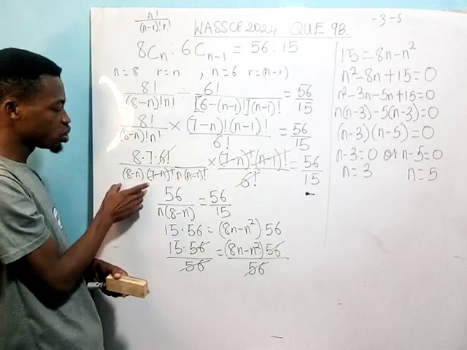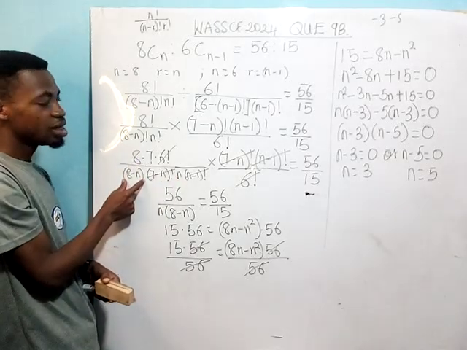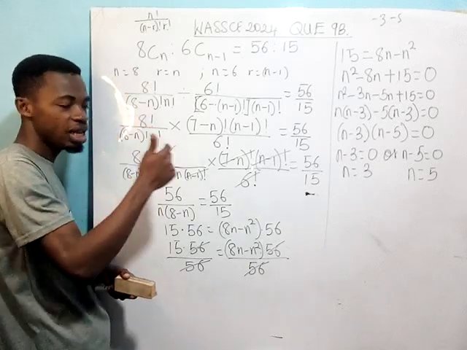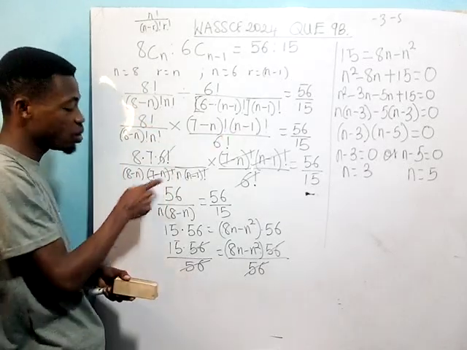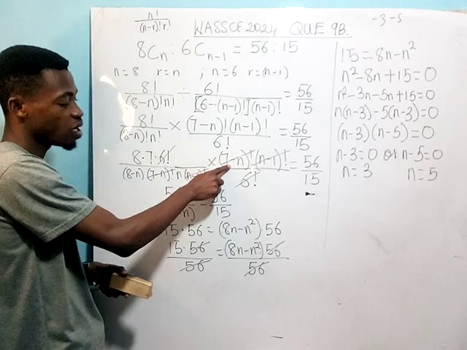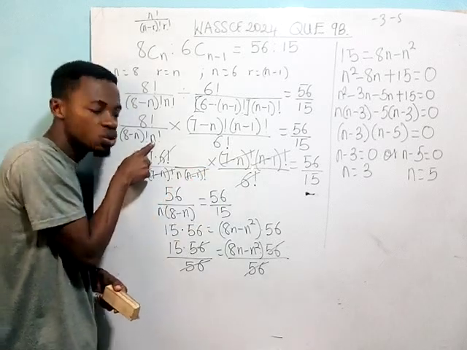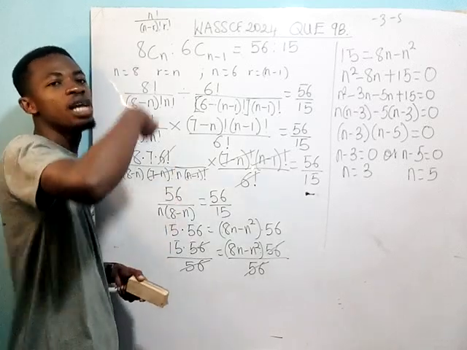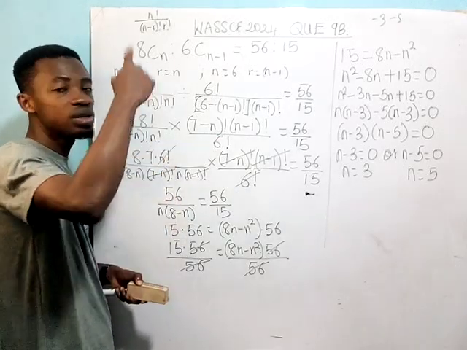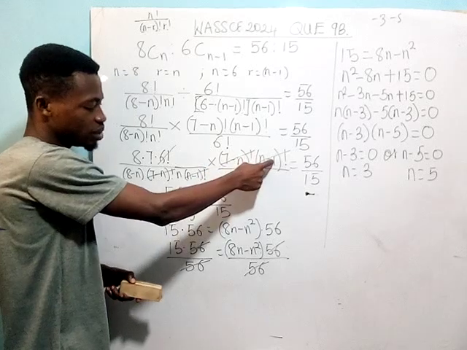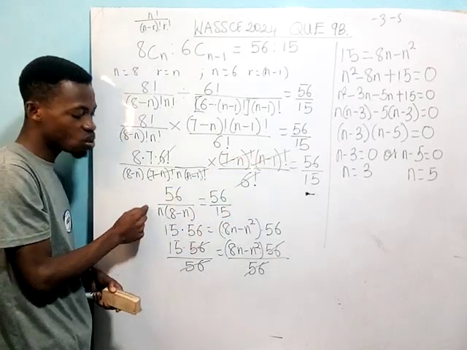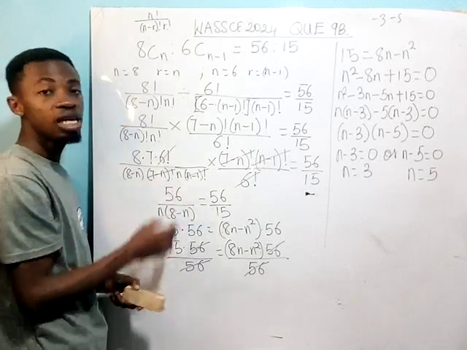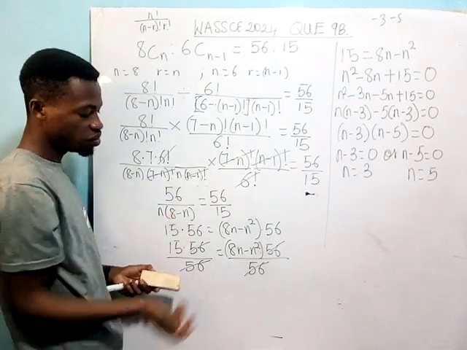Then we also did same 8 minus n factorial can be expanded as 8 minus n, 7 minus n, even 6 minus n, but we ended here because of what we have here. Then our n factorial too can be expressed as n into bracket n minus 1, because it will be reducing by 1 to cancel out this. Then we had 56 over this n multiplying the 8 minus n is equal to 56 on 15.